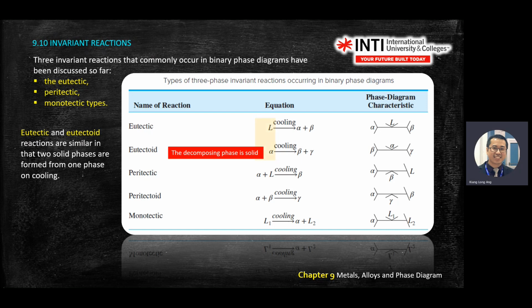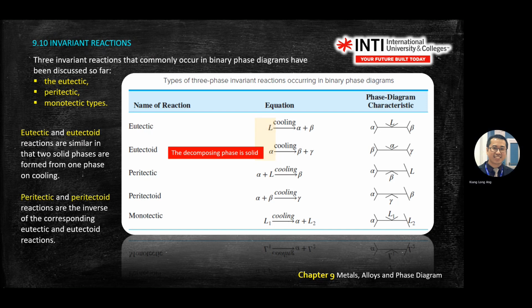That is the similarity of eutectic and eutectoid. Peritectic and peritectoid are the inverse of eutectic and eutectoid. You have two phases on the left before it changes to one product on the right. Actually it's a flip of eutectic and eutectoid. The process is flipped.